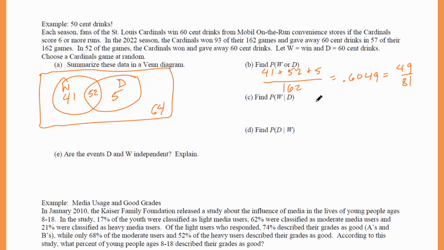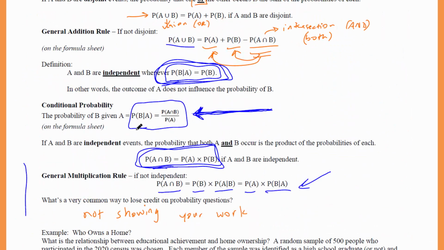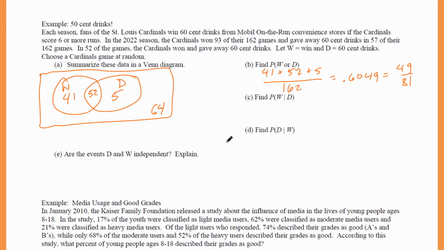What about part C? Find the probability of W given D. Well, looking back at what that means, this conditional probability formula, we need the probability of both events happening and divide it by the probability of the condition happening.